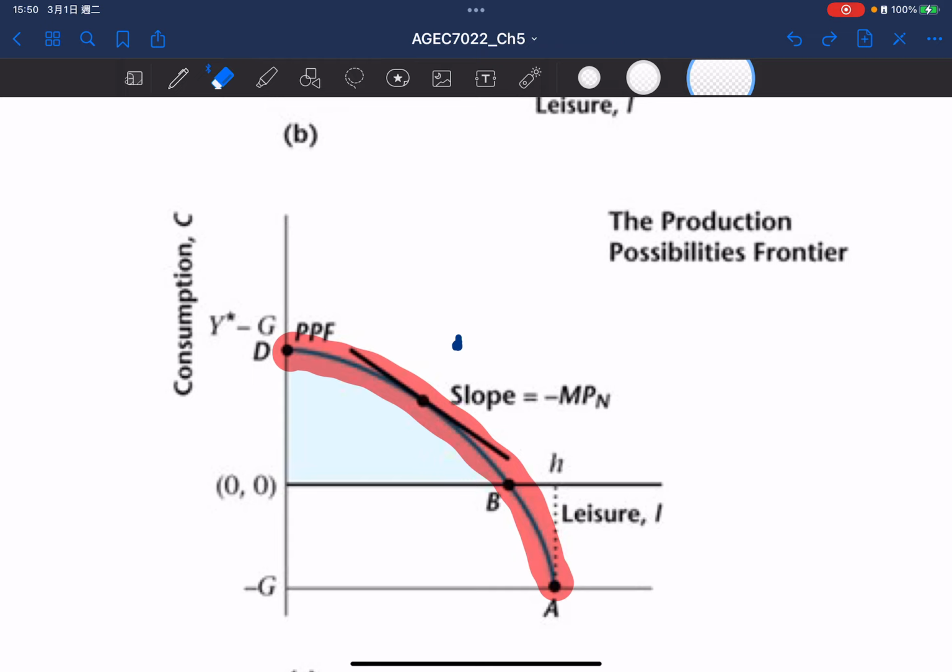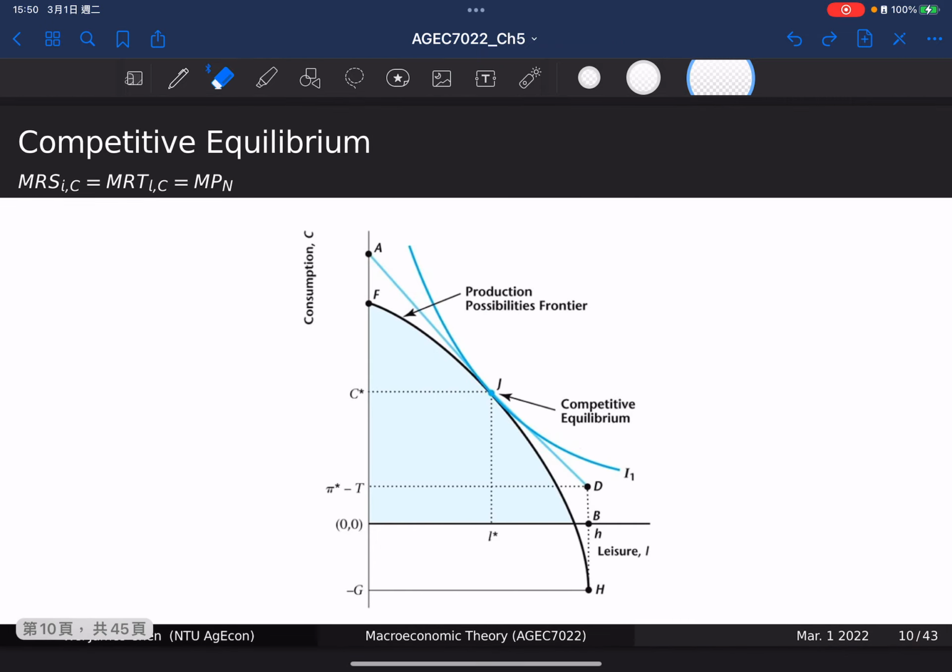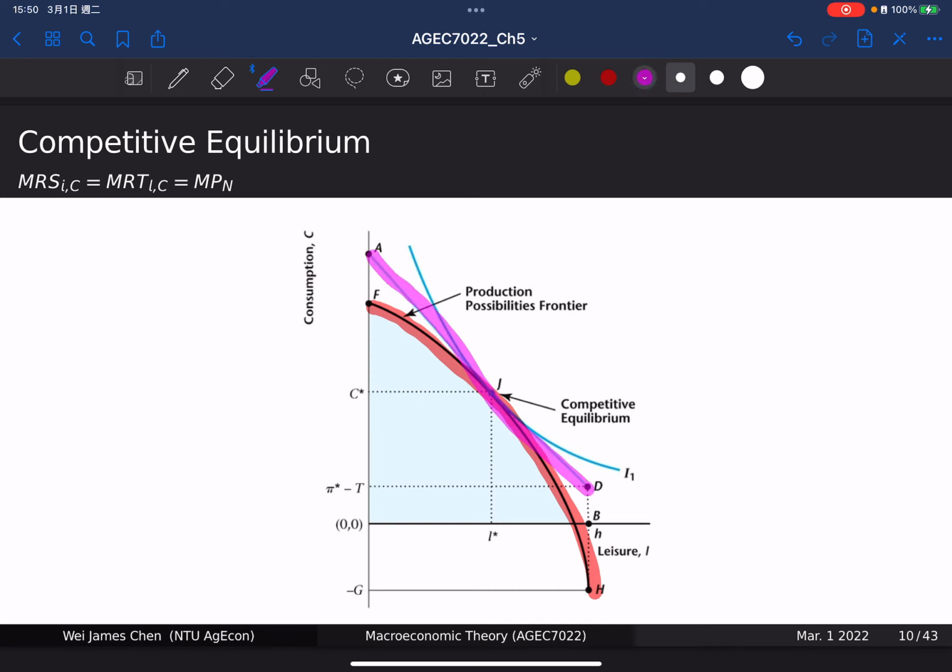Okay? So, if we already have this PPF, what is really a competitive equilibrium? From another point of view, can we find a wage rate so that the wage rate must first be tangent to this PPF?